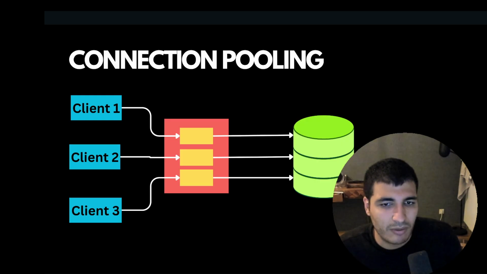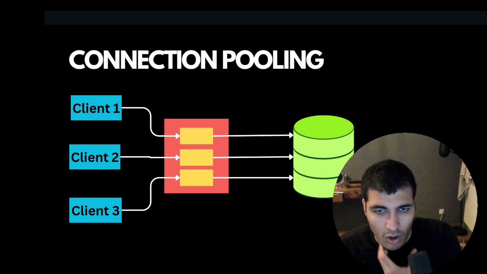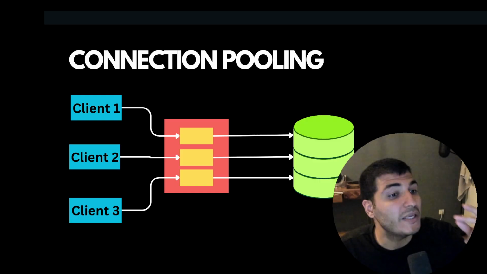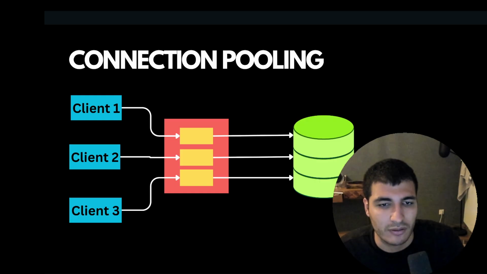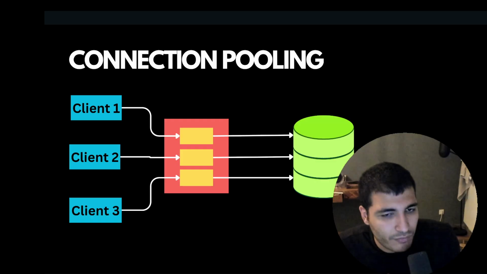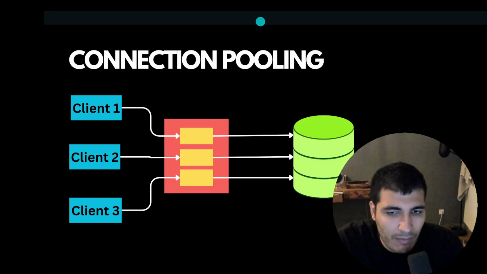Some database systems like Postgres also offer native connection pooling solutions, called PgBouncer, which acts as a middleware to manage connections to the database server. You configure the minimum and maximum number of connections in that pool.